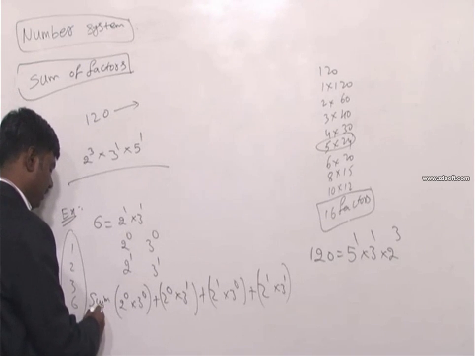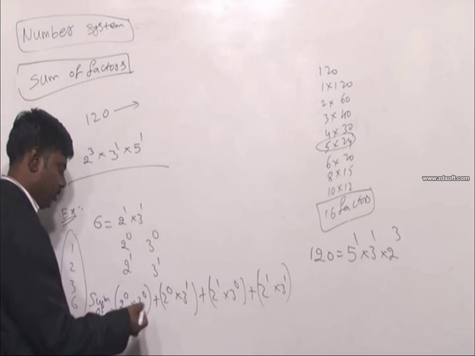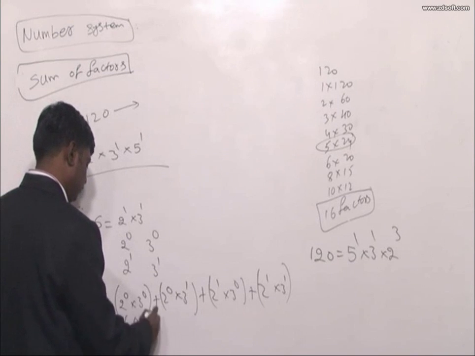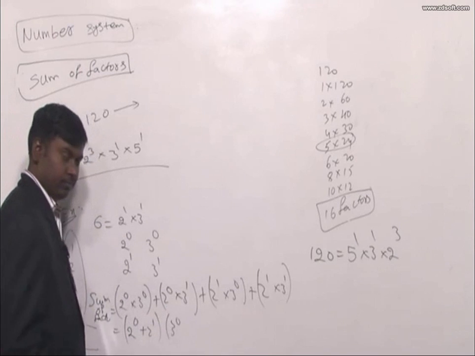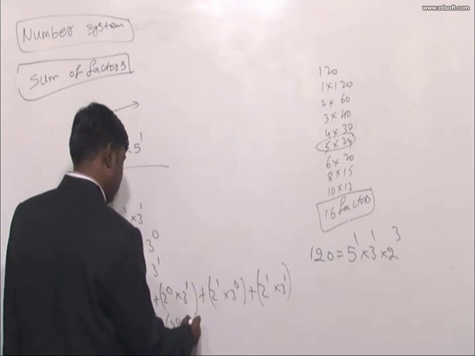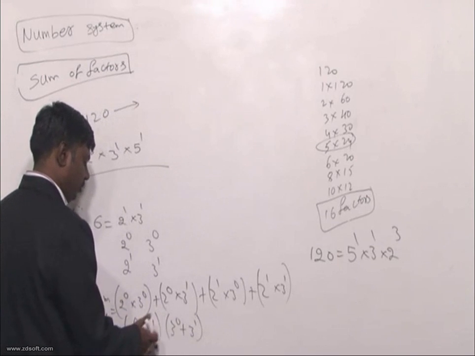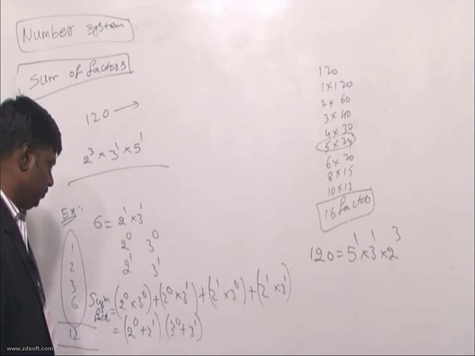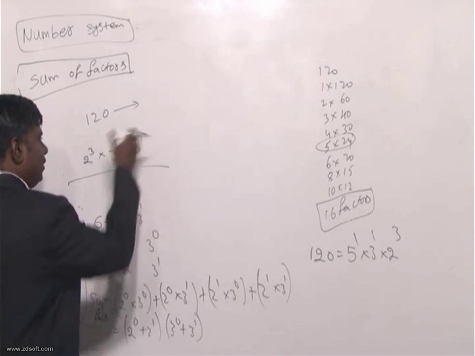Now, how can you generalize this? 2 power 0 plus 2 power 1 into 3 power 0 plus 3 power 1, which gives 2 power 0 into 3 power 0, 2 power 0 into 3 power 1, 2 power 1 into 3 power 0, 2 power 1 into 3 power 1. So we can generalize here.